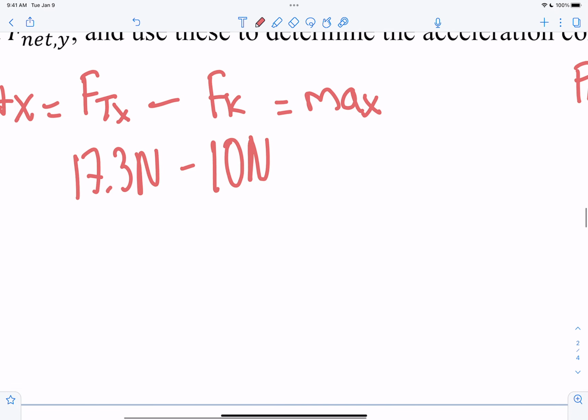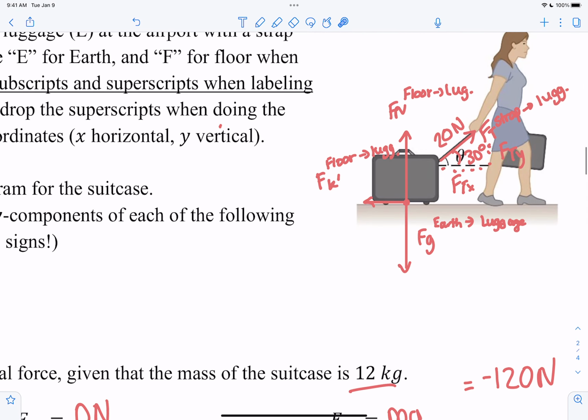Otherwise, it wouldn't make sense for these two to add up, 17.3 plus 10 newtons, because you can clearly see and even reason in real life that friction doesn't move in the same direction as your intended motion. It's always opposing your intended motion. So if I'm trying to move to the right, the friction is going to be moving against me to the left.